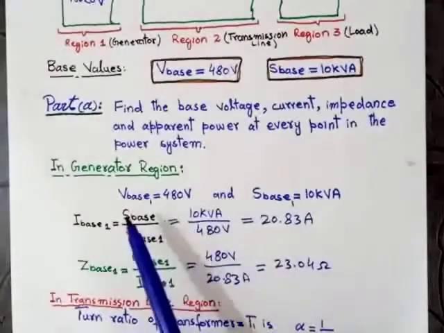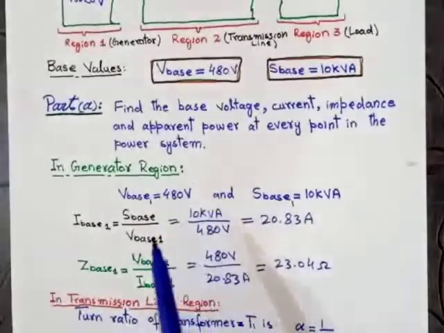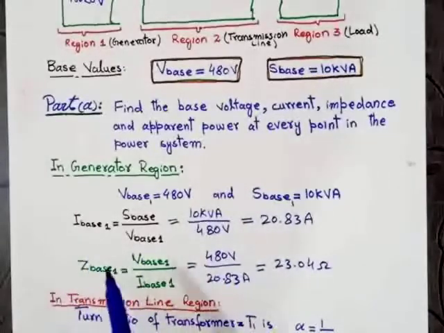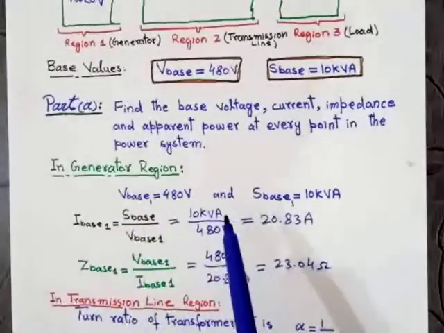So in the generator region, we found the base values of the current and the impedance, and the remaining 2 base values were already given in the numerical problem.